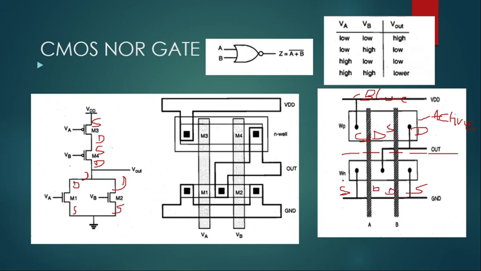So here it is showing the active area, and here you know that W by L of PMOS is 2.5 times of NMOS. So here NMOS active area is less, and for PMOS it is greater. Okay, and then these are the polysilicon lines.